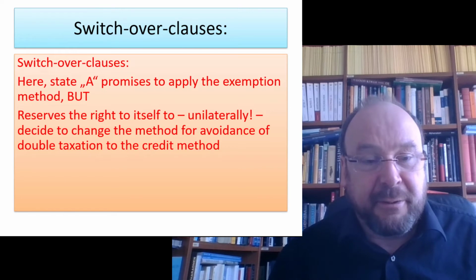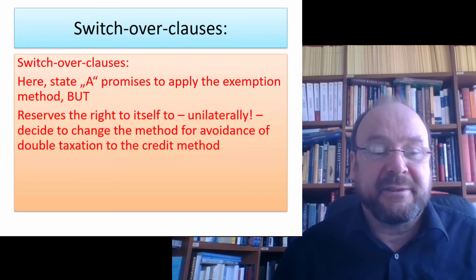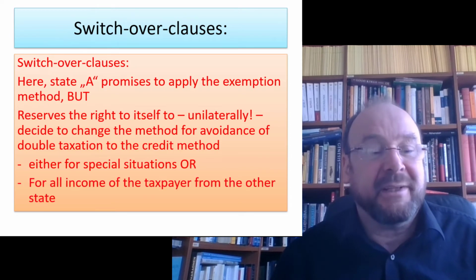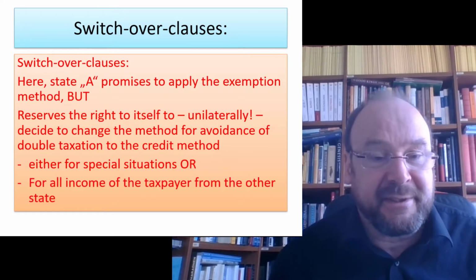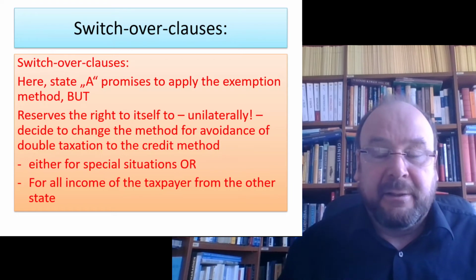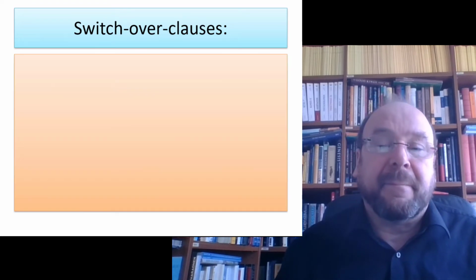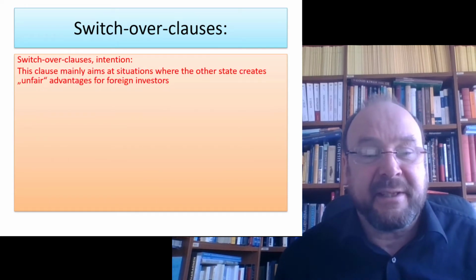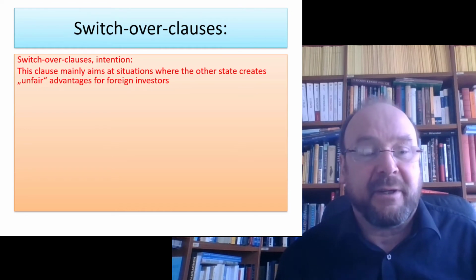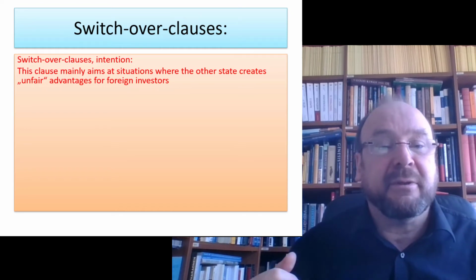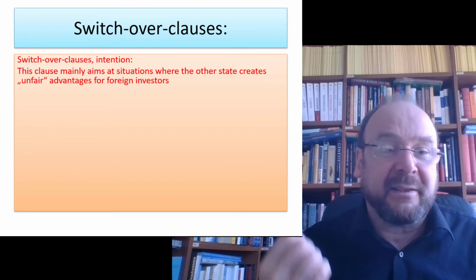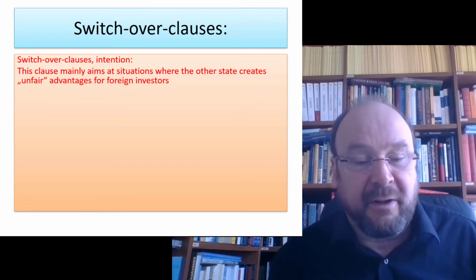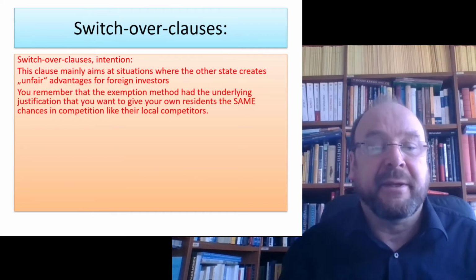Usually that switchover clause is formulated in the way that you can decide if you make use of it for specific situations only, or in general for all situations covered under the treaty. Now, you see, it was meant for situations where the other state creates unfair tax advantages for foreign investors to attract people from your country in an artificial way to invest there, by giving them a kind of special offer which locals cannot use.